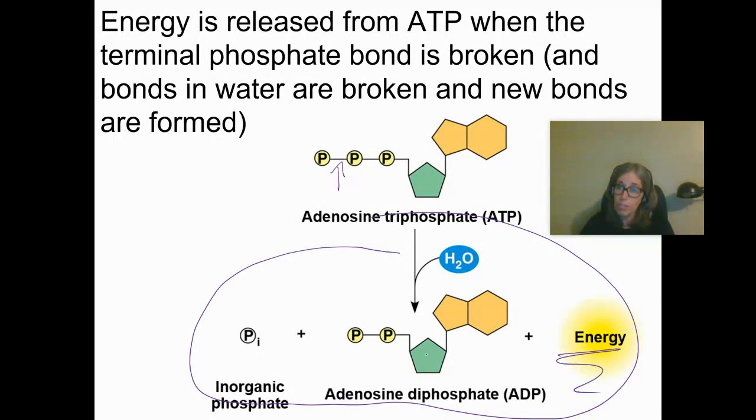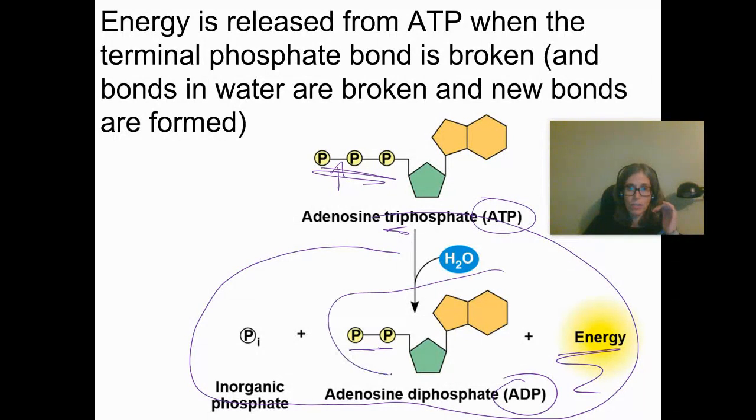So altogether it releases energy. It's actually more stable. ADP, that's this one, diphosphate, right? Just two phosphates. ATP, triphosphate, right? Three phosphates. Anyway, ADP is thermodynamically more stable than ATP.